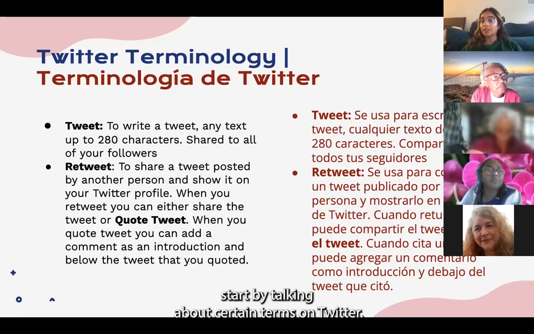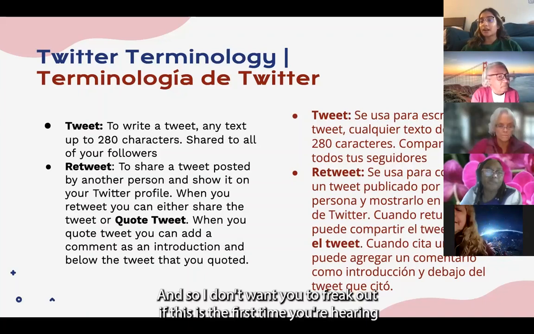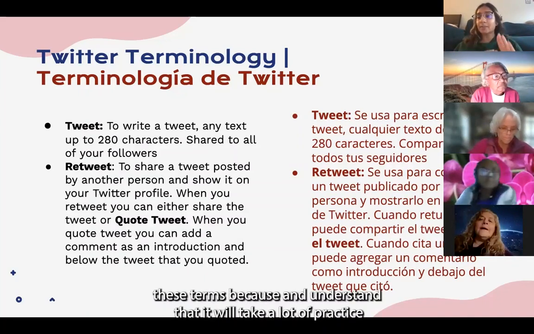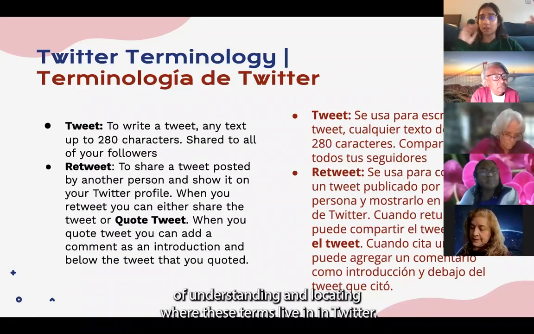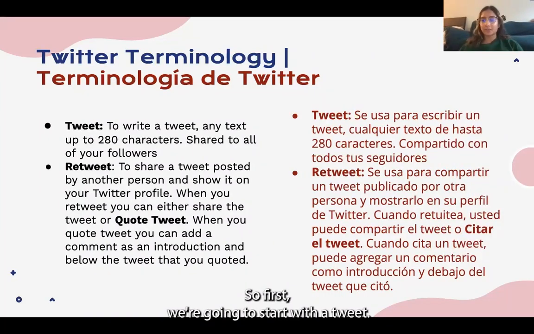So now we're going to start by talking about certain terms on Twitter. And so I don't want you to freak out if this is the first time you're hearing these terms, and understand that it will take a lot of practice of understanding and locating where these terms live in Twitter. So first, we're going to start with a tweet.